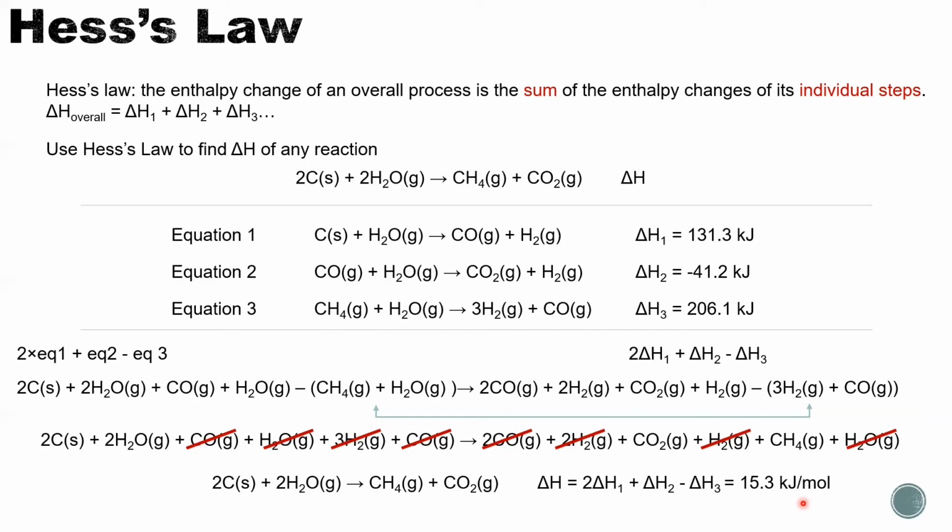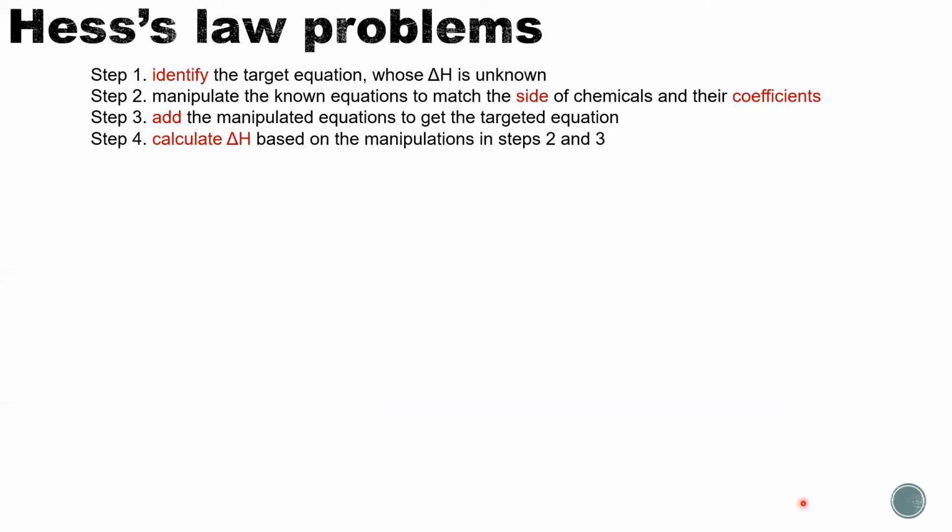So let's take a look at a problem that used Hess's law. When we try to solve Hess's law problems, I recommend you have 4 steps. Or you can use any of the steps you want, but I recommend the 4 steps. The first one is identify the target equation, whose delta H is unknown.